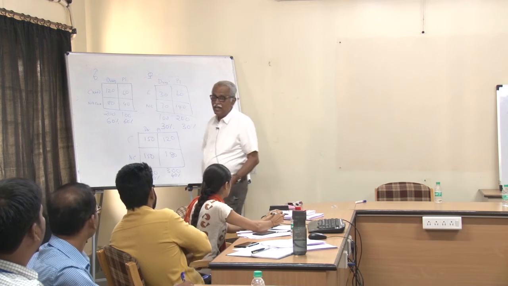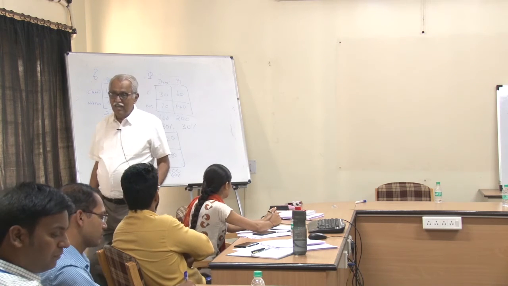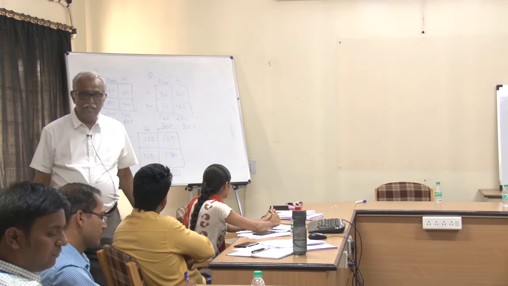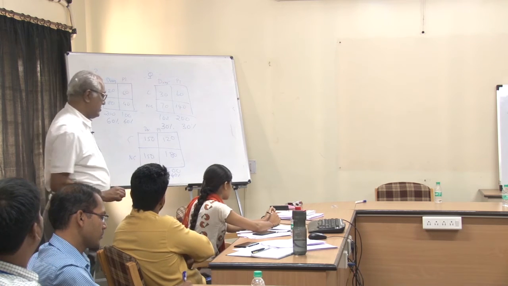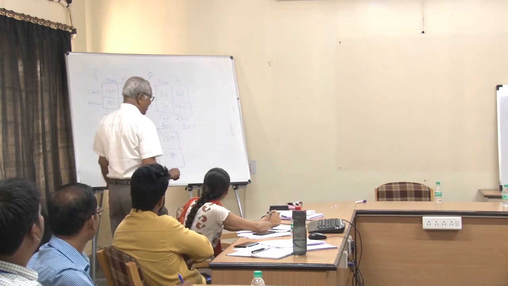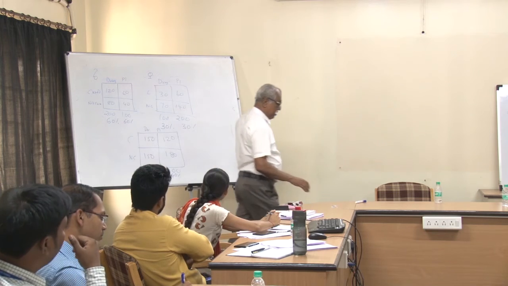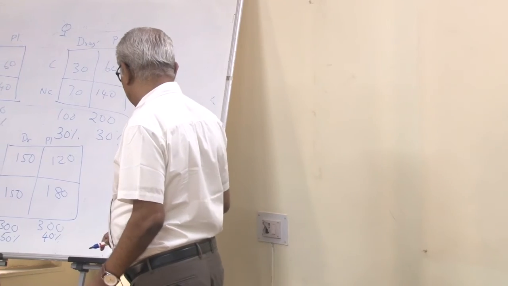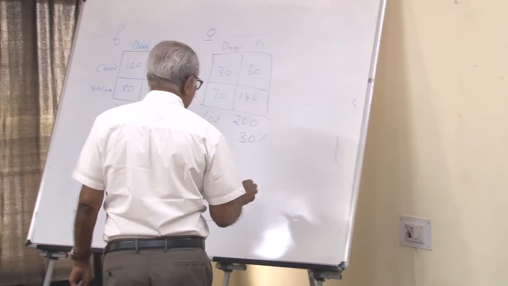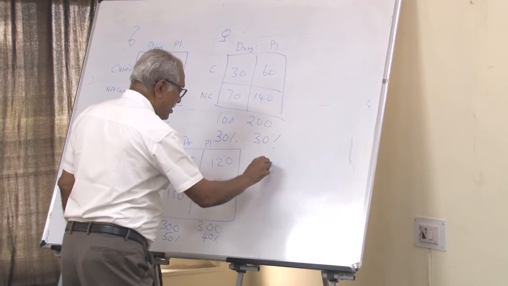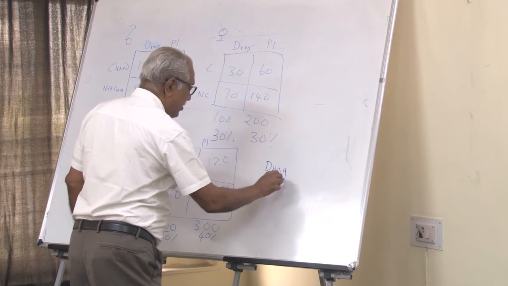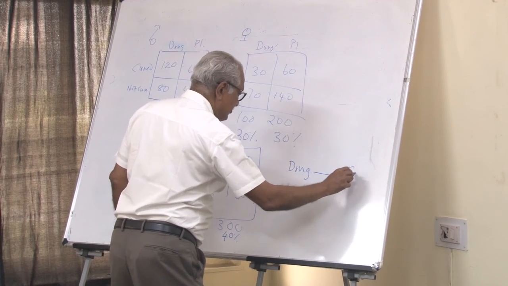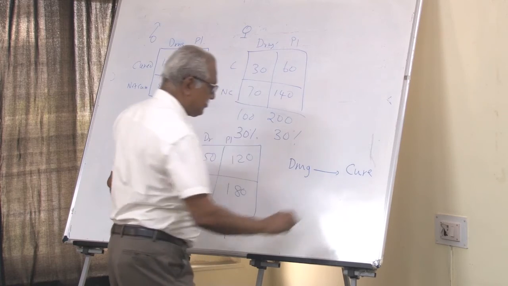What it says is, the anatomy and physiology of confounding has to have this particular triangle appearing. We are studying the effect of drug on cure. Now, in studying that, here is a confounder.